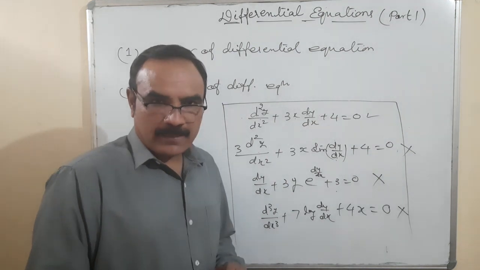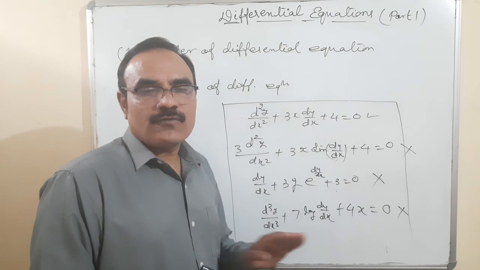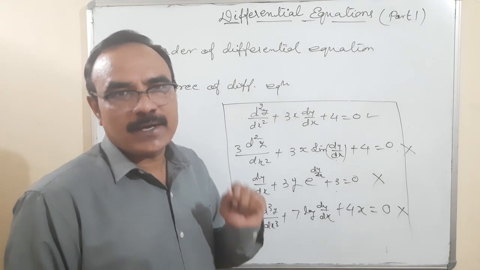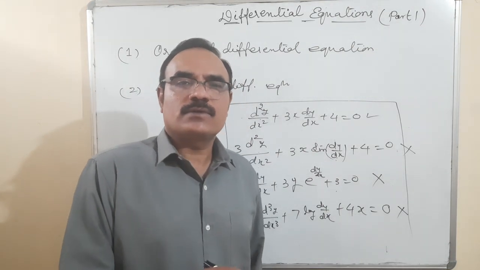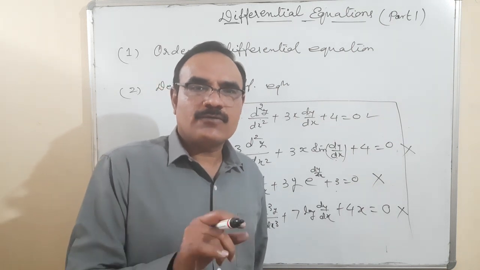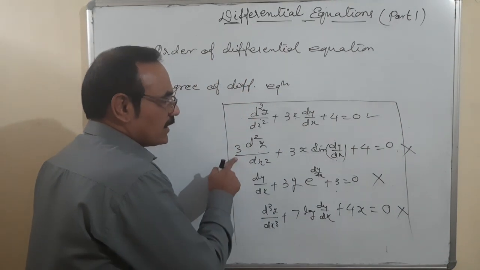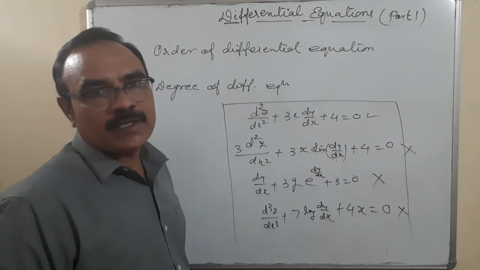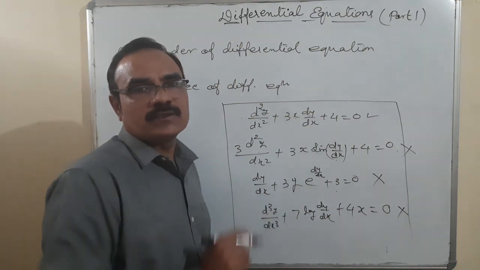Out of 4, these 3 are not polynomial, so we are unable to determine the degree, because the degree is obtained only for differential equations in polynomial form, fulfilling the conditions of polynomials.